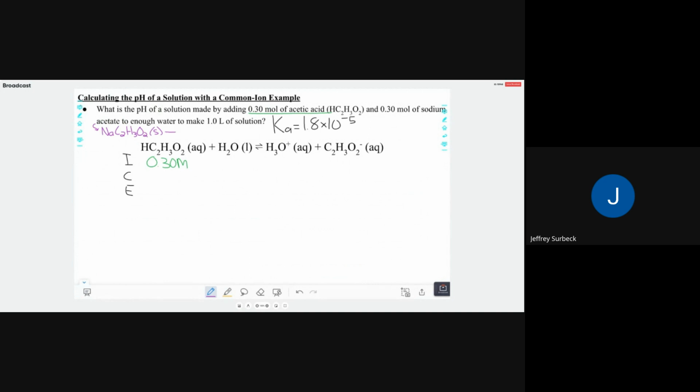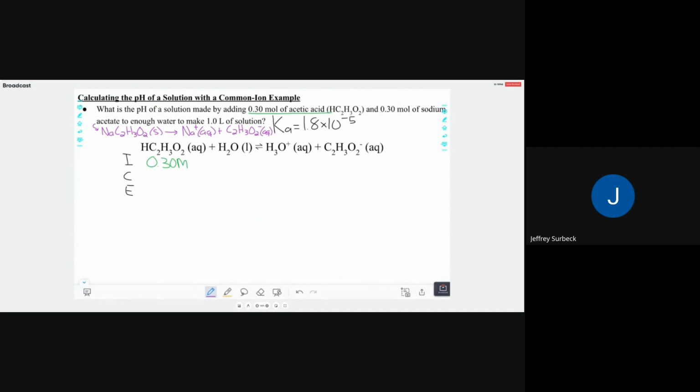Our individual ions here are Na+, which is aqueous because we dissolved it in water, and then what we call our acetate ion, C2H3O2-, which is also aqueous. Now let's think about this. If we go back and look at our equilibrium equation, does Na+ really play a role at all?